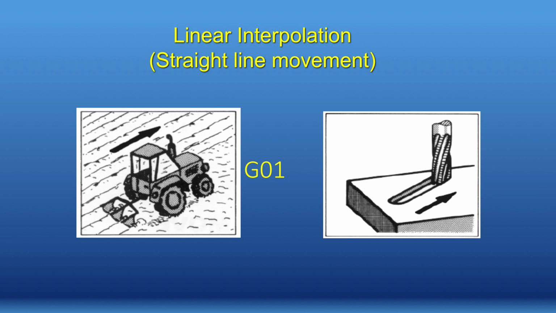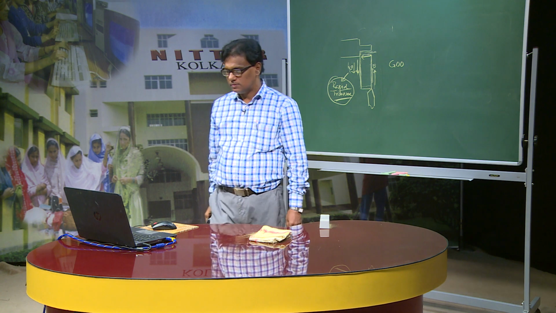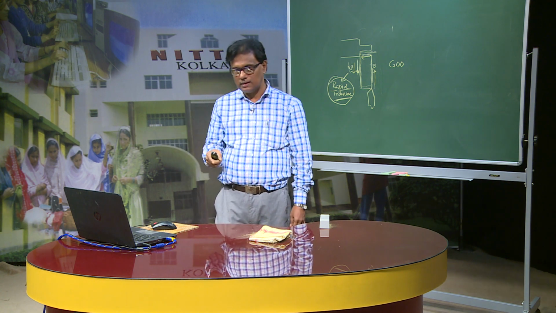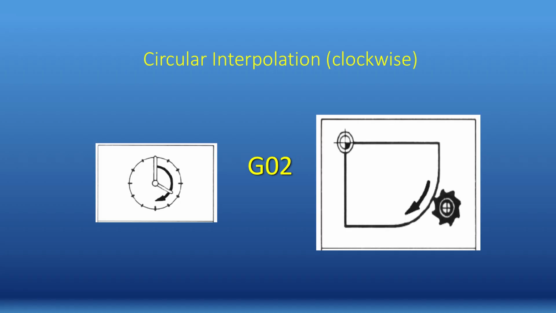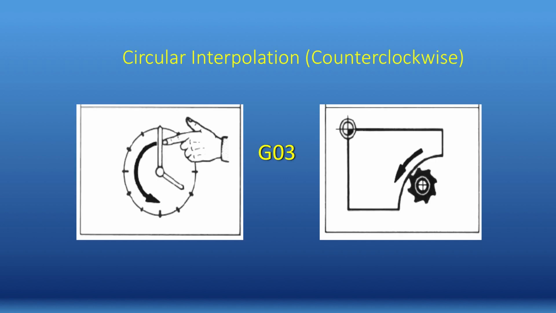As I told you, for straight line movement, like an interpolator, every point has to touch the path. So this is a pictorial view of linear interpolation, and this is a pictorial view of circular interpolation.